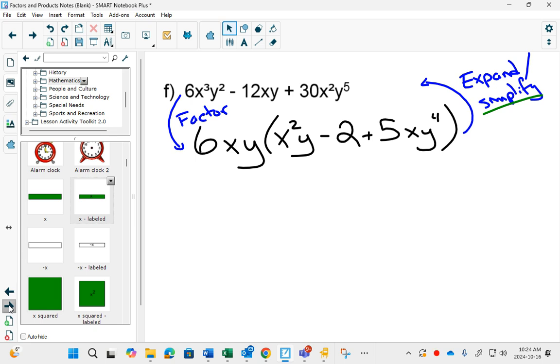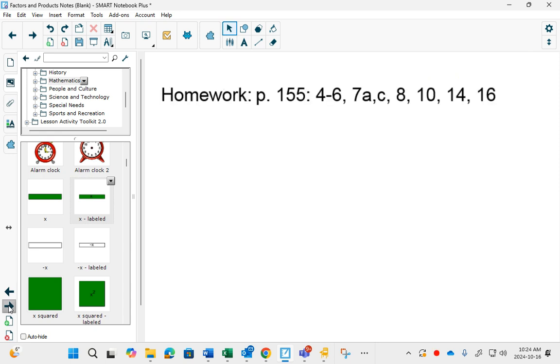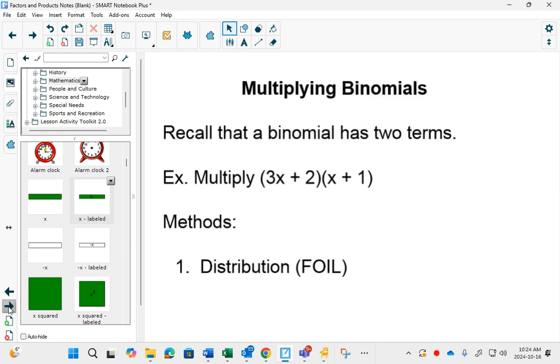Simplify also means get rid of brackets. Simplify also means add, subtract, multiply, divide if you can. It means a lot of things. And so every time we learn a new topic, we add something to what simplify means in this situation.